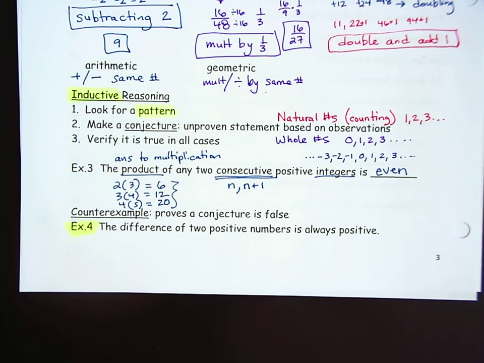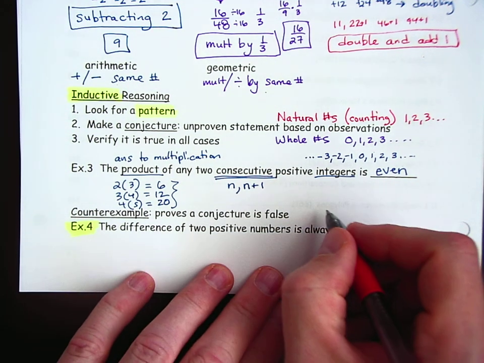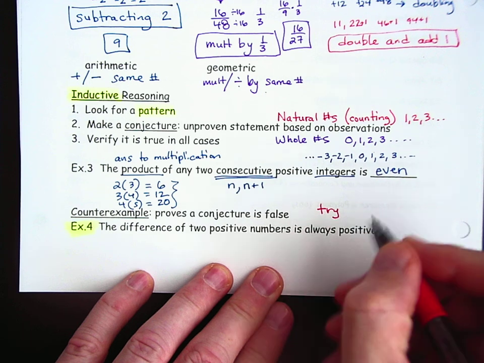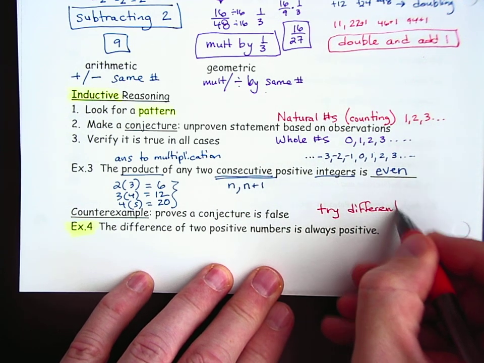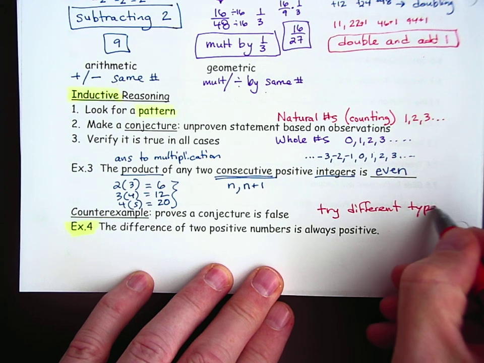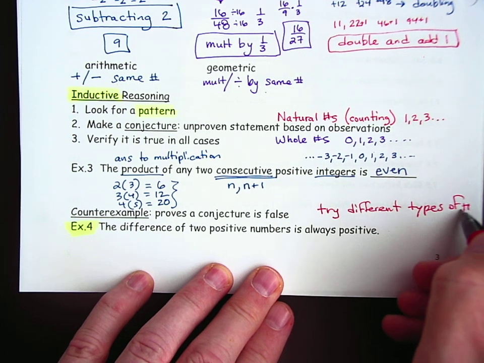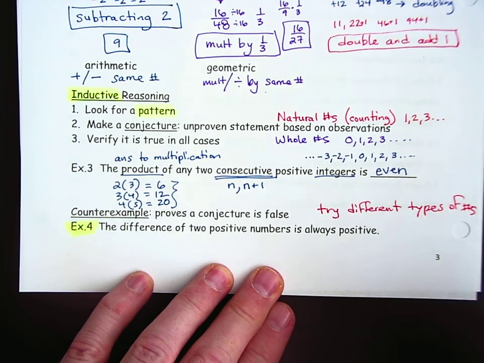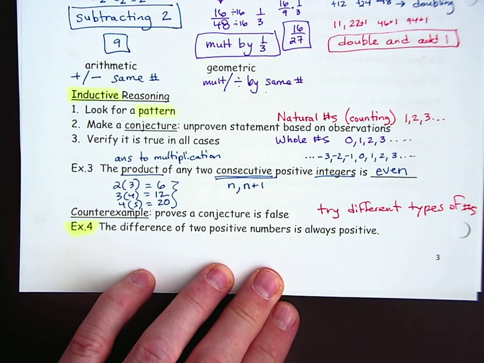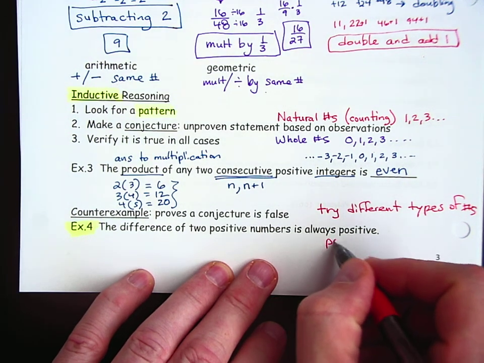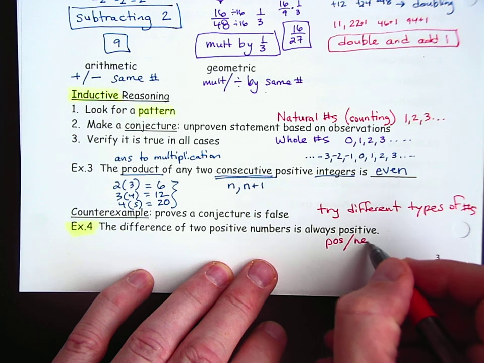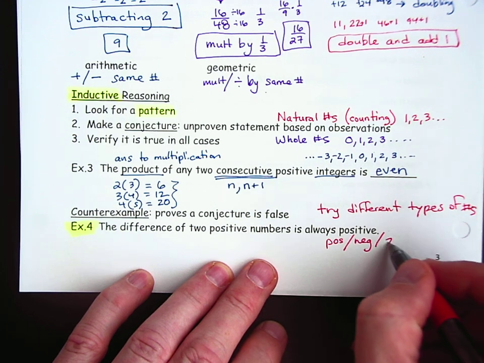Okay, so when you're doing this, you want to think about a few things. You want to try different types of numbers. That's one thing you want to think of while you're trying to come up with a counterexample: don't always pick the same. When we talk about different kinds of numbers, you talk about positive, negative, 0.